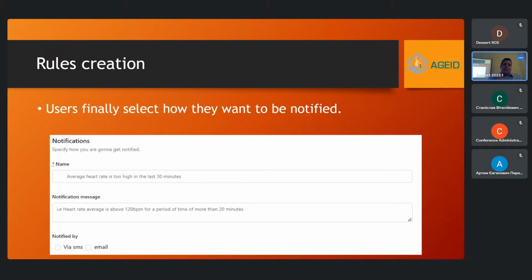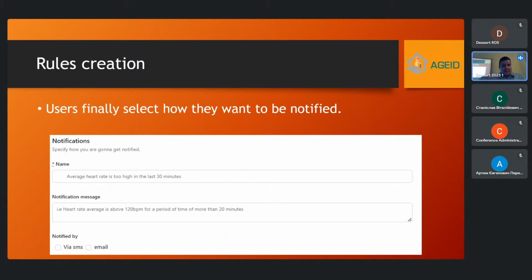And last, in this personalized rule is the notification. What notification to send? You can even customize the message that you will receive, for example, Nikos is having an epileptic shock. And you select how you will be notified, via email or SMS, because some rules can be for simple things that you want to know about a person.